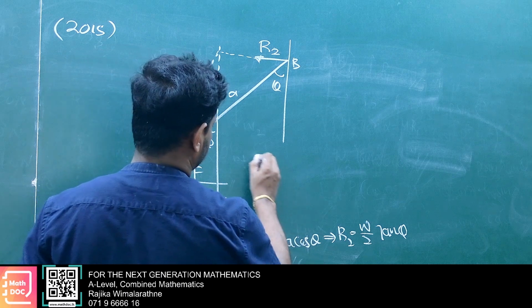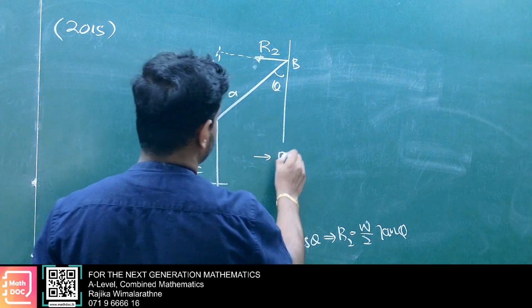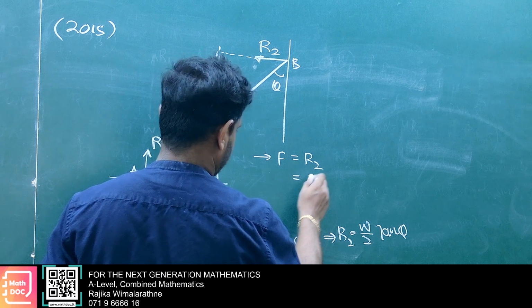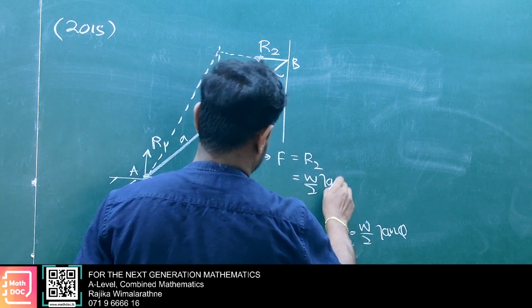Then again resolve horizontally, F equals R2, W over 2 tan theta.